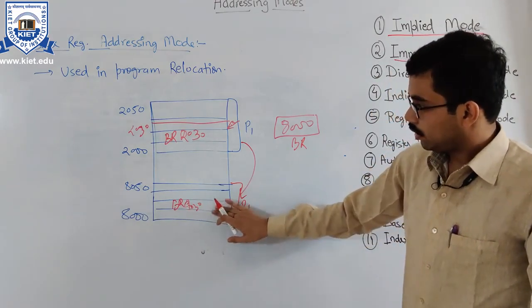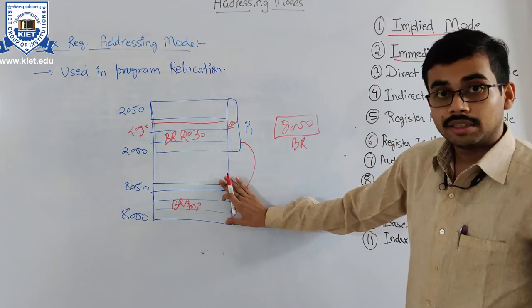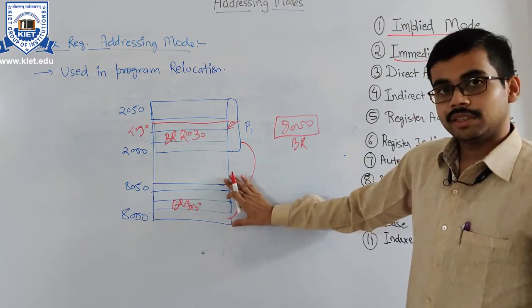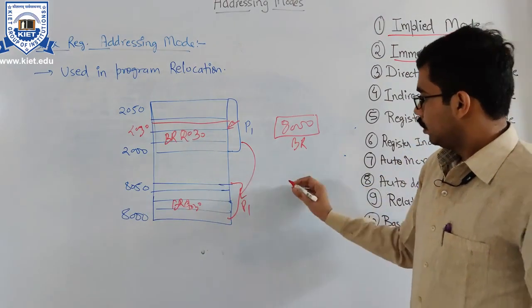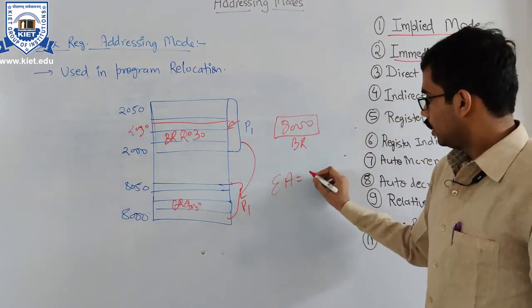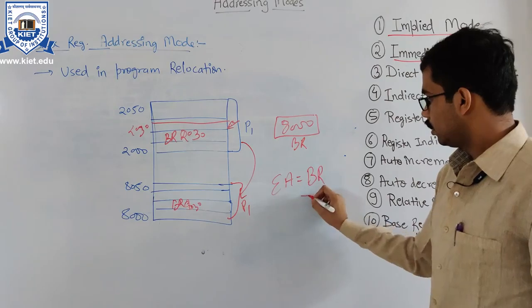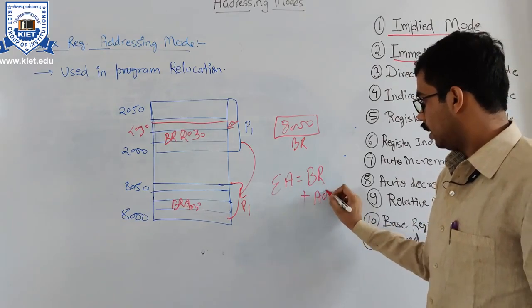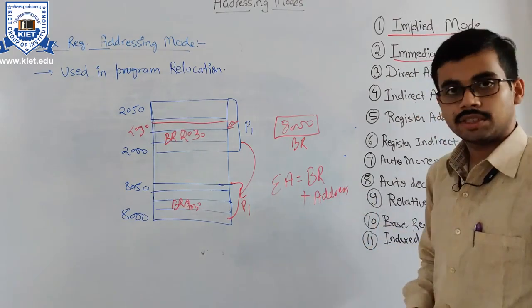Now 8030 is in the program, so there will be no problem in executing this. So the effective address in base register addressing mode is the base register plus the address given in that instruction.